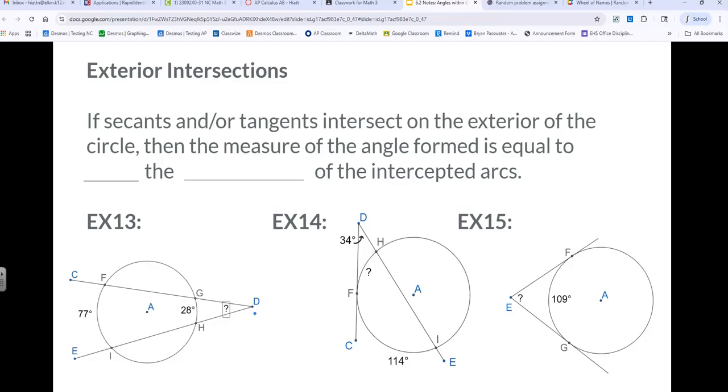Okay? So if secants or tangents intersect on the exterior of the circle, then the measure of the angle formed is equal to half the difference of the intersected arcs.